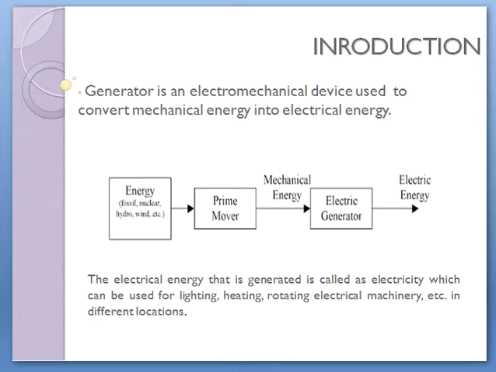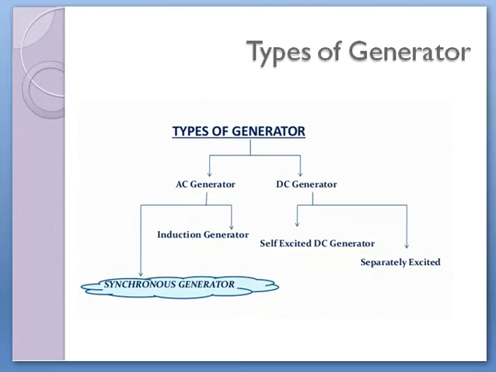This electrical energy that is generated is now called electricity, which can be used for lighting, heating, rotating electrical machineries, etc. in different locations.